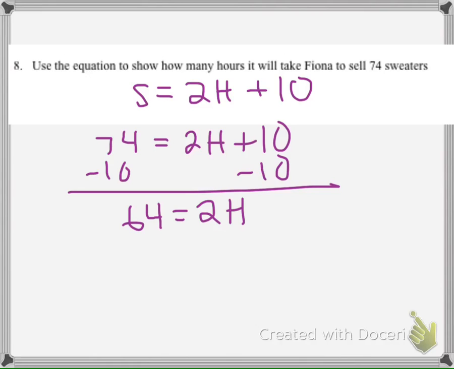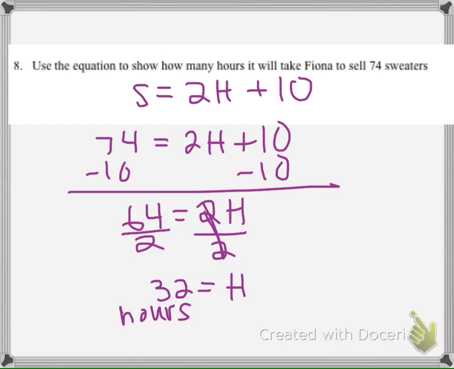Now I want to get H by itself, so I'm going to divide by 2 on both sides. 64 divided by 2 is 32 equals H. And I'm going to label it hours. So in 32 hours she would sell 74 sweaters.